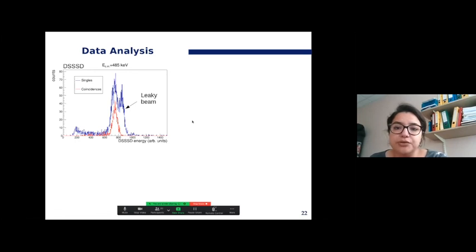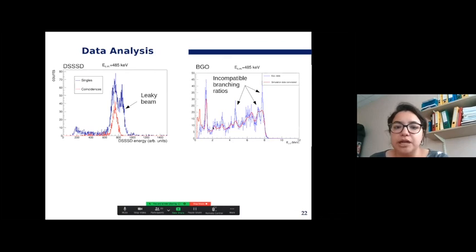For some energy resonances, the recoils are not well separated from the beam, as we can observe what we call the leaky beam signature on the DSSD spectra. The simulation also shows some discrepancy with the data. Here we see that the decay branching ratios that have been put are not compatible with the experimental data, and they still need to be investigated to obtain an accurate efficiency evaluation.